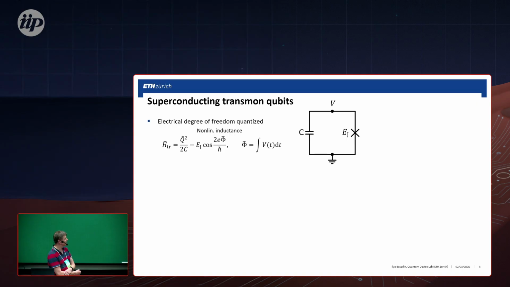And to write down the Hamiltonian, you need to know what the coordinate is. So your degree of freedom, what is the quantity that the wave function depends on. So it turns out that the thing that the wave function depends on is the flux, so the antiderivative of voltage, and the canonically conjugate momentum to that coordinate is the charge, so the antiderivative of current.